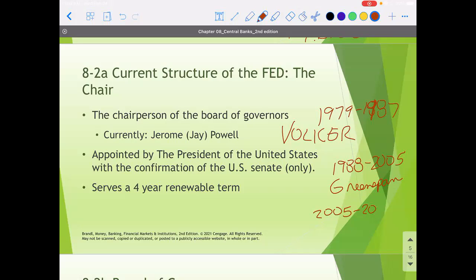These are approximate, and the dates could be off by a few years. I think that would be Bernanke. Then I don't know when she would have been, like 2016, 2017, 2018, something like that. That would be Yellen. And then Jay Powell. It's a 4-year renewable term, appointed by the president and confirmed by the Senate.